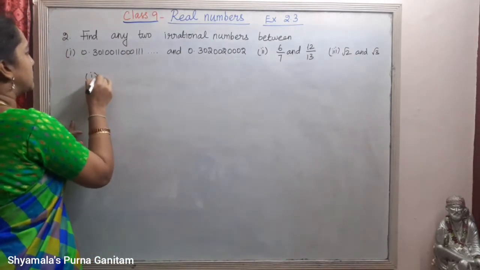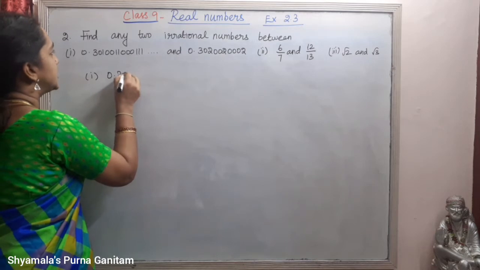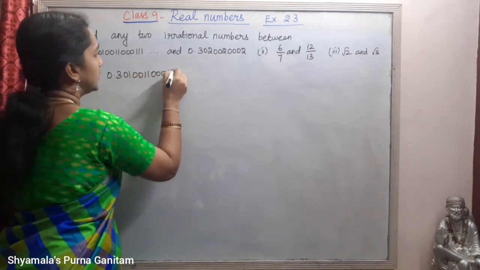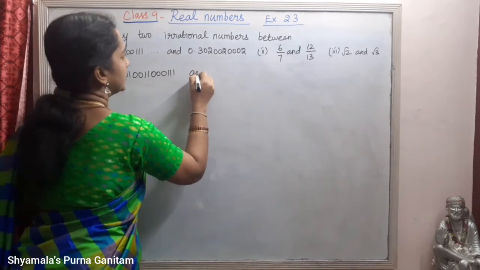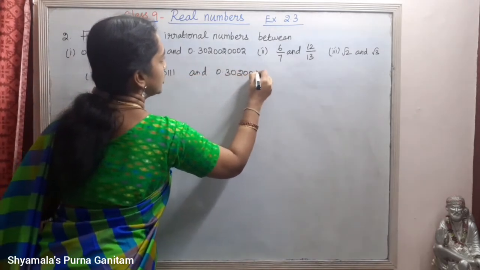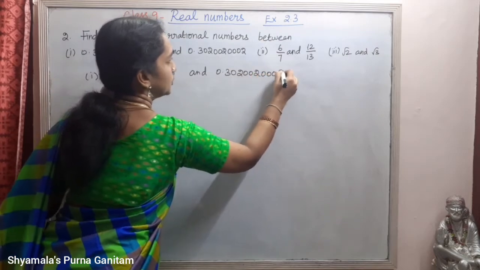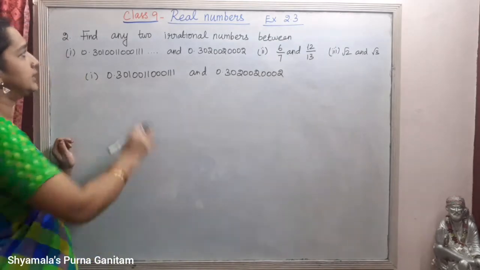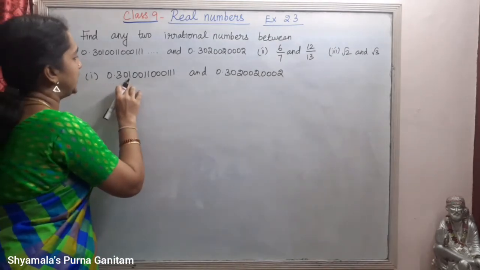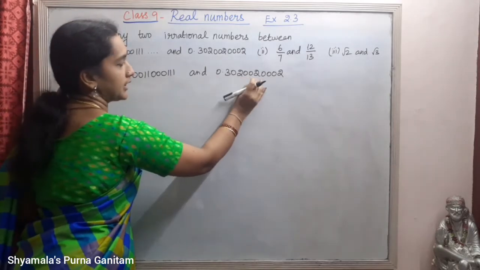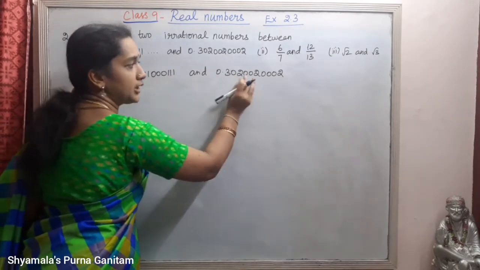Okay. So first sum is 0.3010011000011 and 0.302002002. Between these two we are asked to find irrational numbers. If we take 301 and 302, after that two zeros are there, then here 1 is there, here 2 is there.